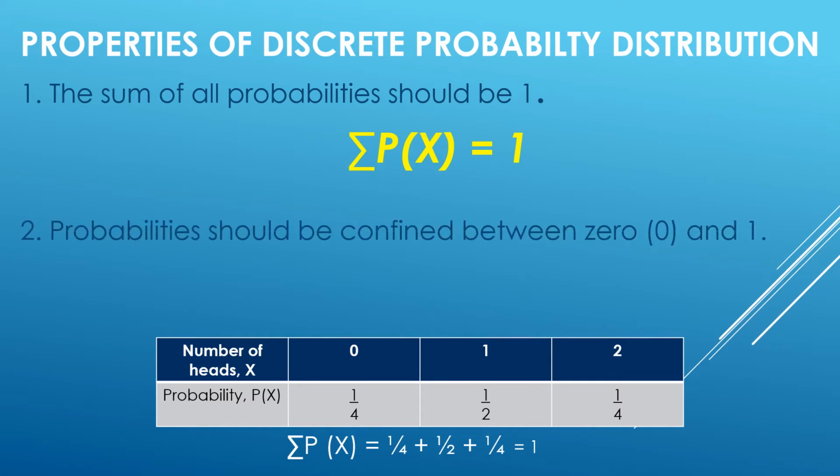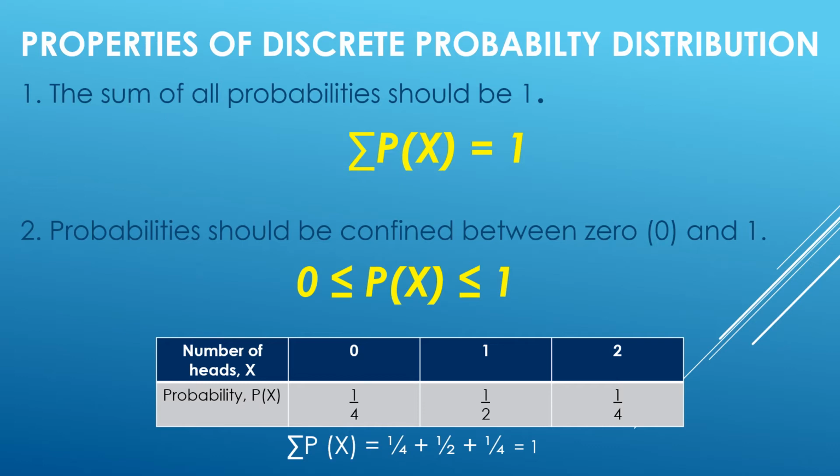The next property is that the probabilities should be confined between 0 and 1. So in symbol, we write that as 0 is less than or equal to p of x, which is less than or equal to 1. Okay?